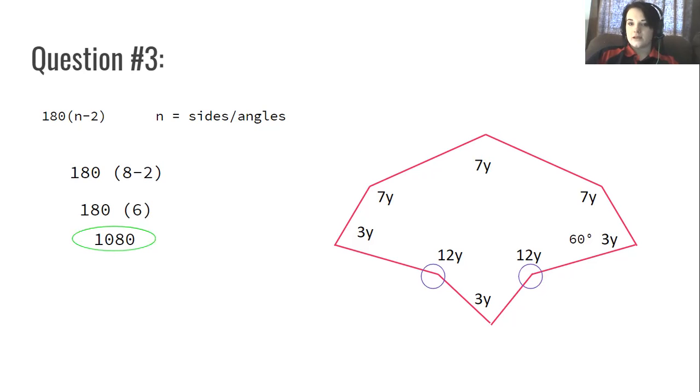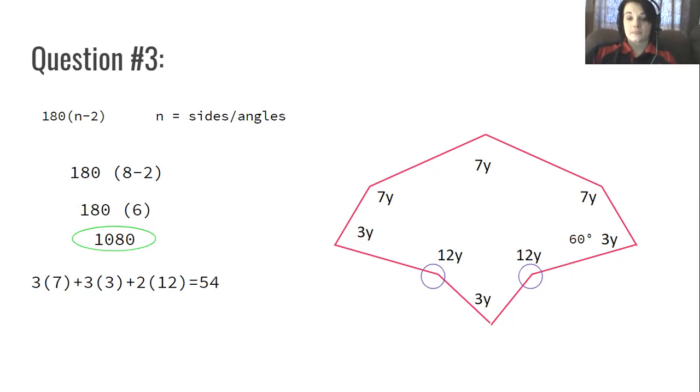Now what we're going to want to do is add all of our numbers next to our y's. That way we can solve for y. So a good way to do this is we have 3 7s, so 3 times 7. We have 3 3s, so 3 times 3, and we have 2 12s, so 2 times 12, which means we're going to have a total of 54 units that'll help us solve for our y.